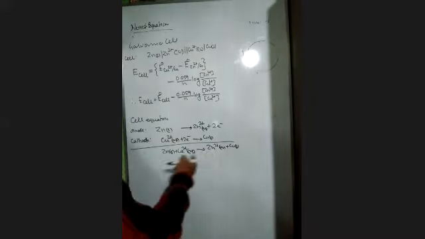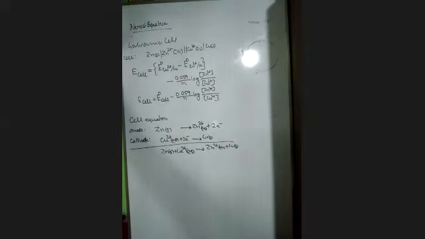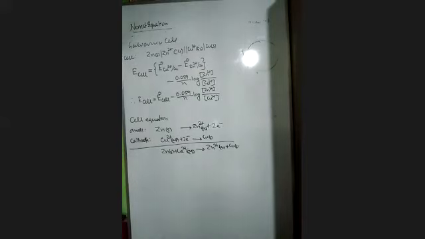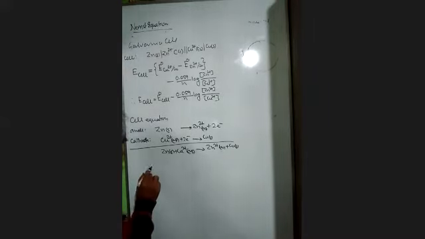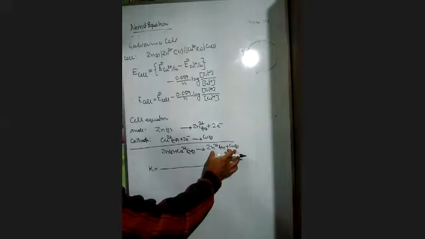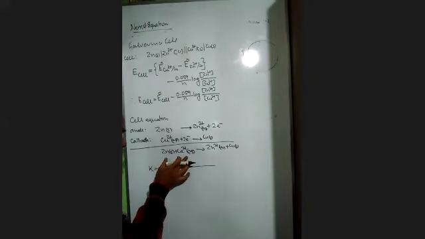So this is the reaction at equilibrium. After the equilibrium process, please remember, when you reach equilibrium, then the cell does not produce further amount of electricity. So I have to consider this reaction at equilibrium. So now, in equilibrium, how should I write the equilibrium constant that you know from class 11? It's not at all difficult. So it is nothing but the product of the concentration of this divided by the product of the concentration of this.